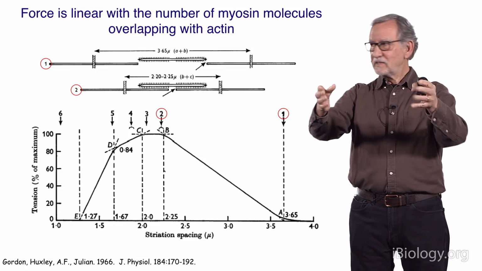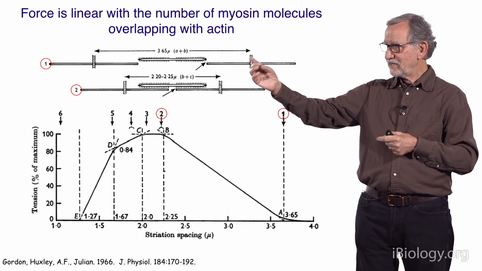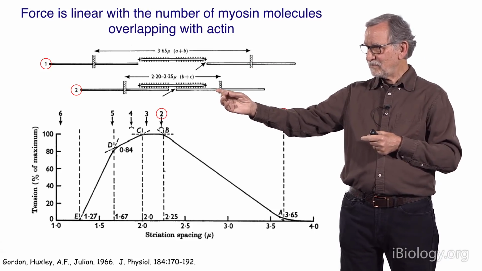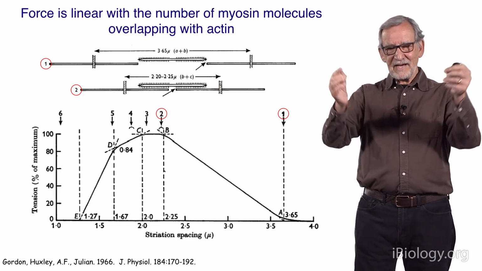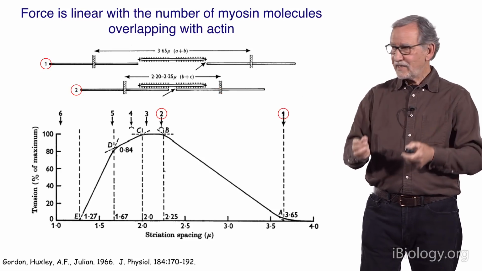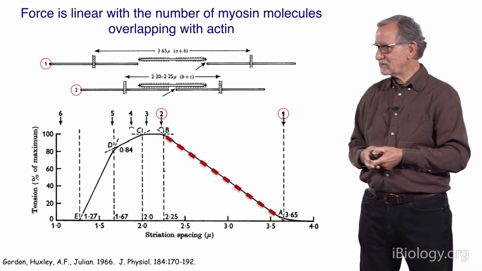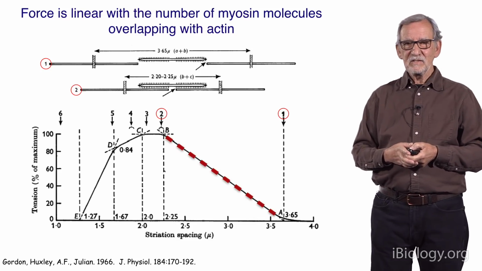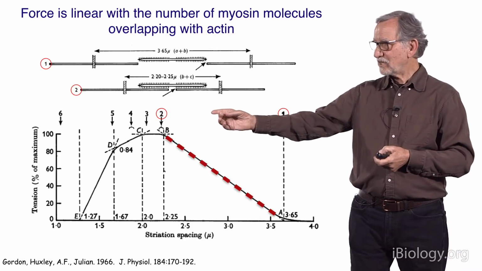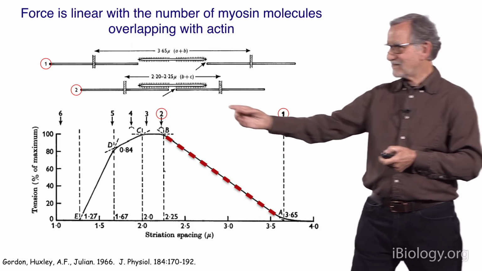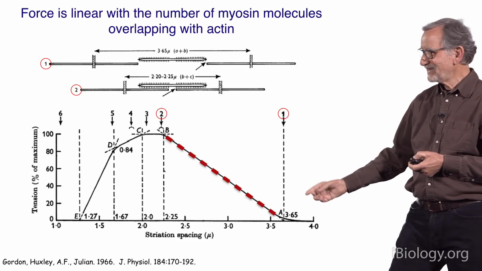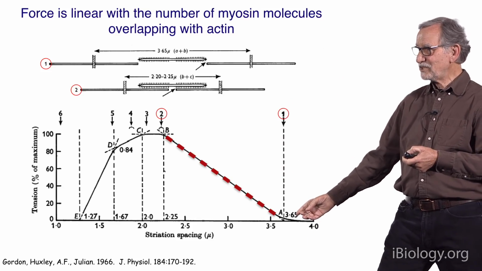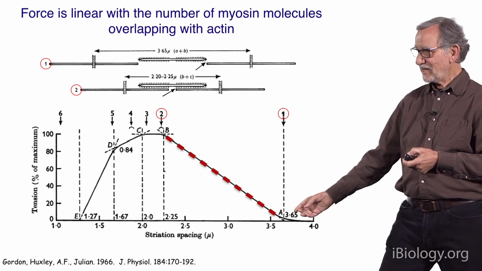And at each point between this top figure and this second bottom figure that shows complete overlap, they asked, how does the tension change? And the answer is shown by this red dotted line, which starts at no overlap down here where you have no tension, and there's no myosin heads interacting with actin.